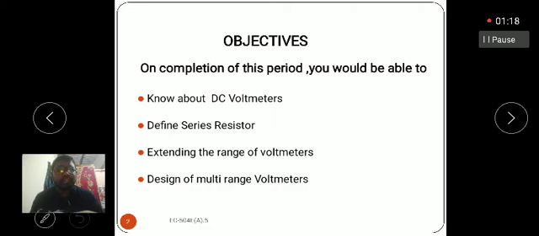One is the DC ammeter, the extending range of the DC ammeter, and the multi-range ammeter. That is three different topics. The second part objectives are: what is a DC voltmeter, define series resistor, the extending range of the voltmeter, and the design of multi-range voltmeters.